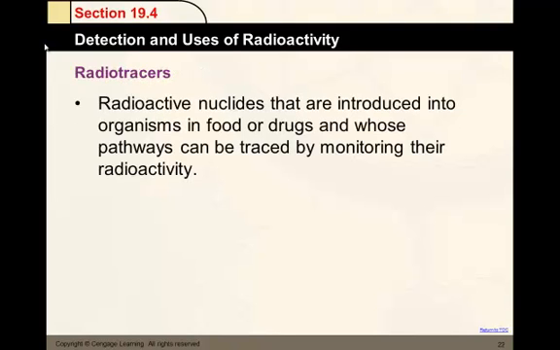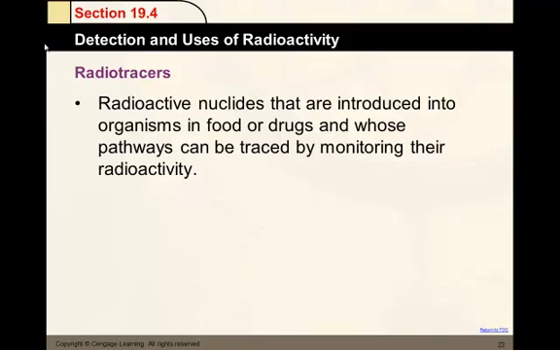Other things that we can use to our benefit: radioactive nuclides that are introduced into organisms in food or drugs, and whose pathways can be traced by monitoring their radioactivity. So there are tests. If you have some stomach trouble, for example, you might go to the doctor and they would do a series called a GI series.